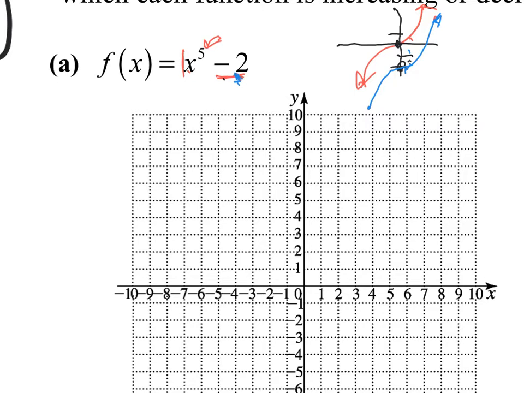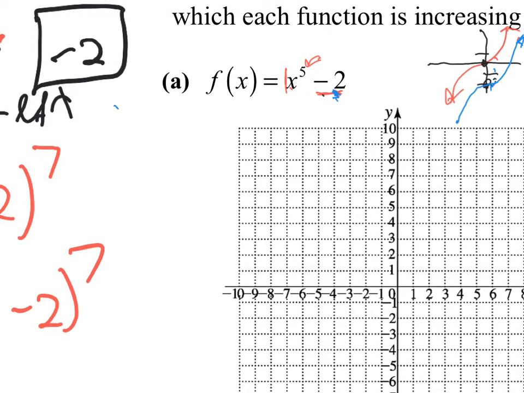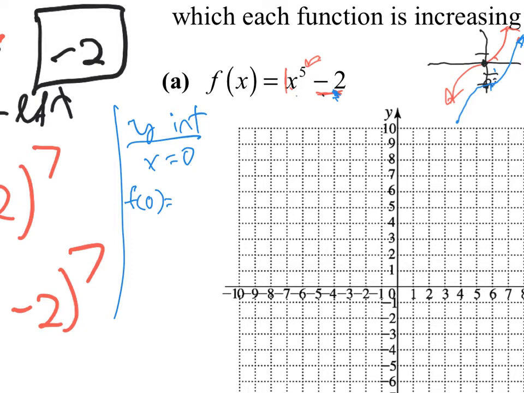But here's what I always do. I always find two important points. My y-intercept, we do that one first. That happens when x is equal to 0. So what I'm asking you is, can you evaluate f of 0? Which means 0 to the 5th power plus 2.